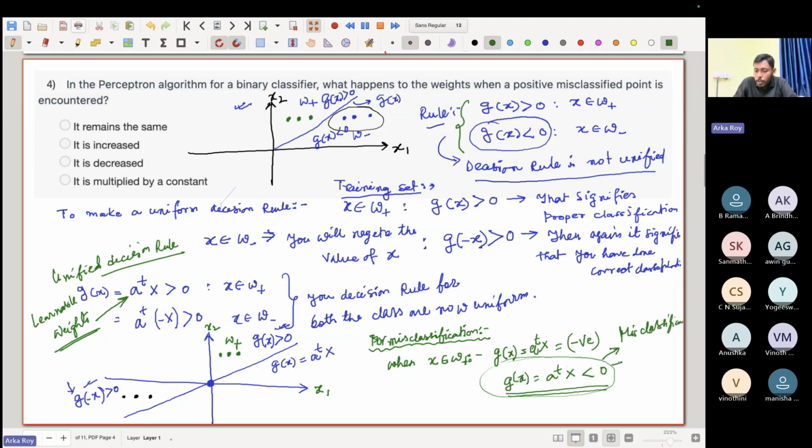So that means you are incurring some sort of loss. So now we have to write the corresponding loss function. So in this particular case, loss basically means we write it like this: minus of A transpose x for all x misclassified.